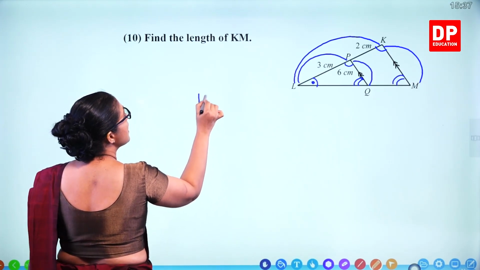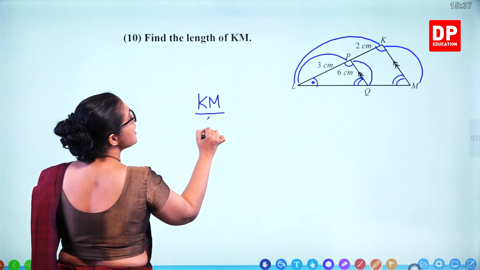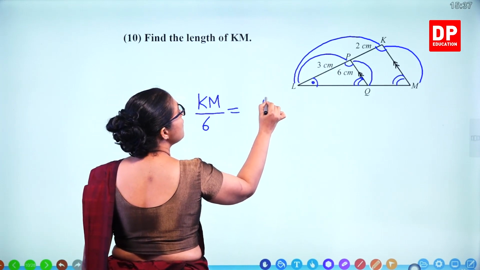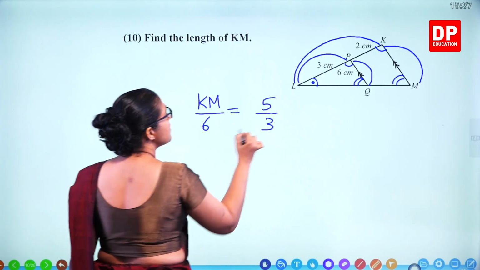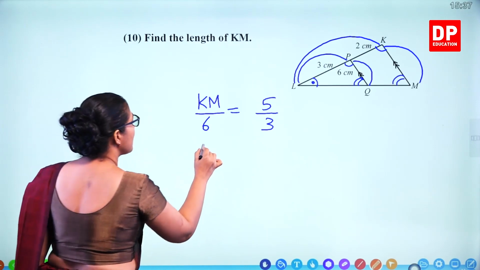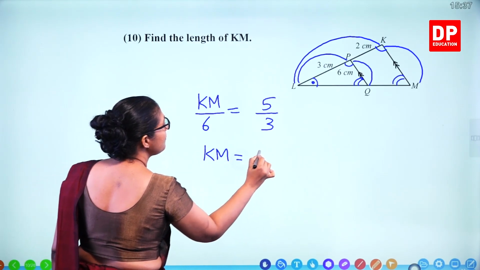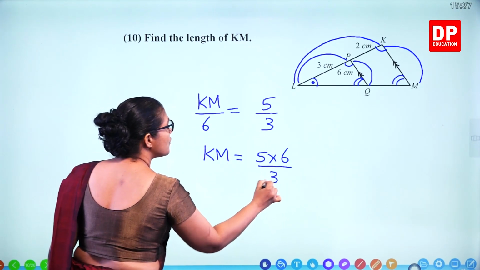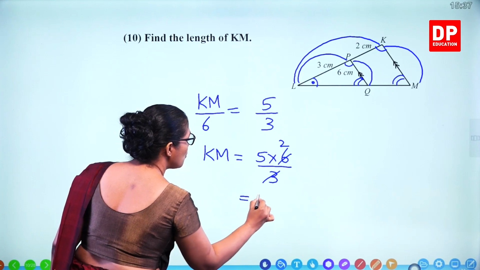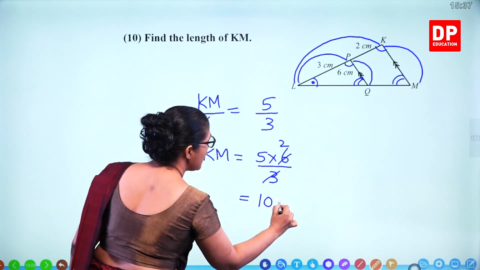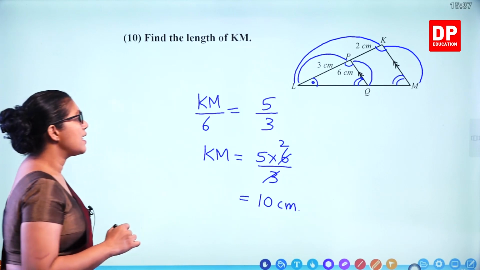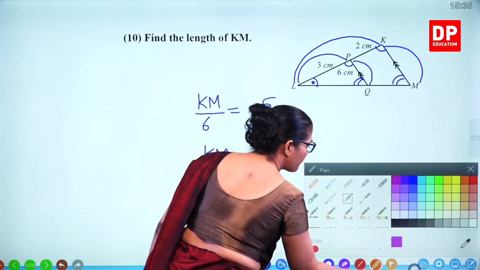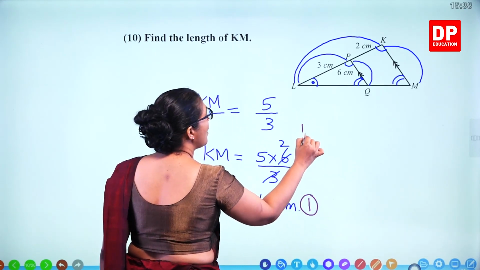KM over 6 is equal to 3 plus 2, 5, over the smaller one, 3. So KM becomes 5 times 6 divided by 3, that's 10. This is in centimeters, so you write 10 centimeters. So 2 marks for that, 1 mark here and 1 mark for the method.